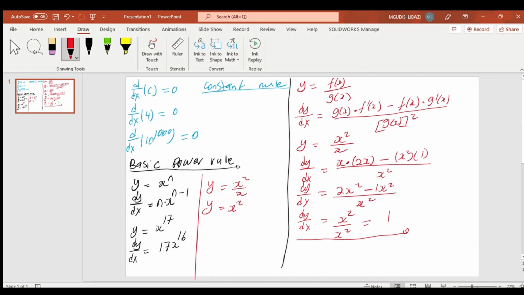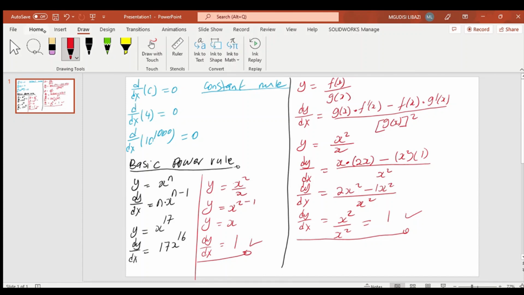That means we have x to the 2 minus 1, and then y is equal to x, because according to the rules of exponents, when you are dividing terms of the same base, you simply subtract the exponents. We know that x always has an exponent of 1. Therefore we have 2 minus 1, and then the derivative of that function, dy over dx, we know that the derivative of x is equal to 1. So this gives us the same thing as we got when we were using the quotient rule.